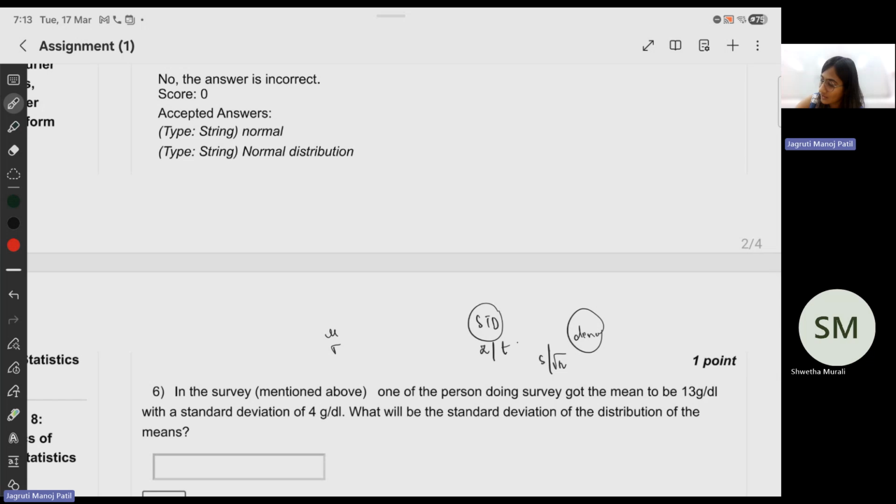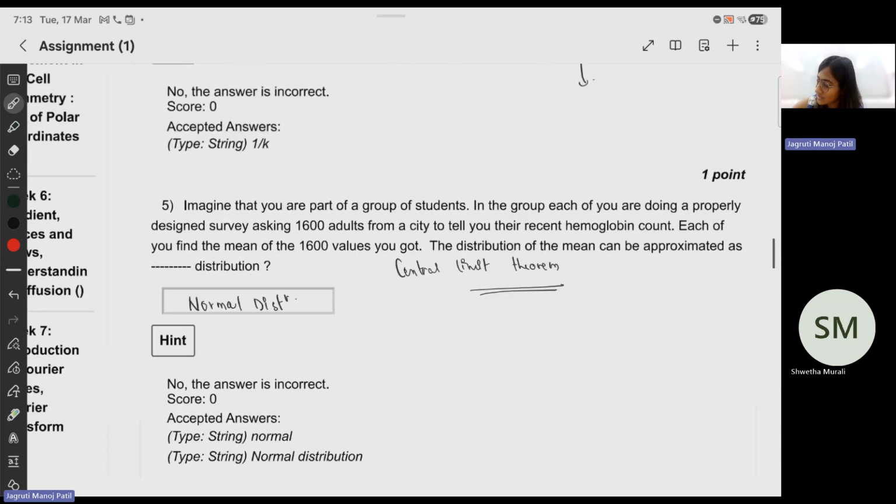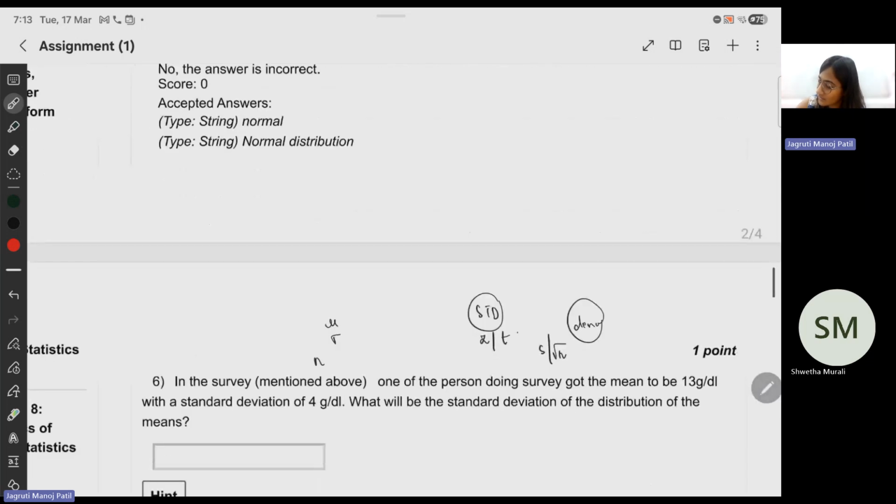Okay. So in this case, your sample size was 1600, right? The mean is just given to confuse you. So this would be standard deviation 4 by square root of 1600. So this is nothing but 40, right? And this is 4 by 40, 1 by 10. Okay.